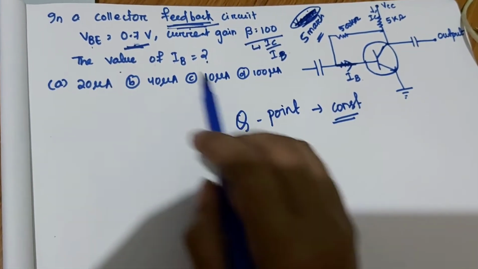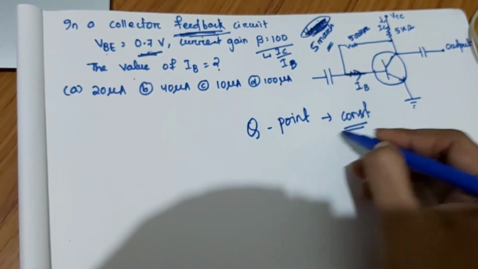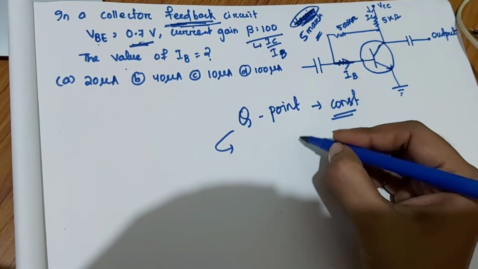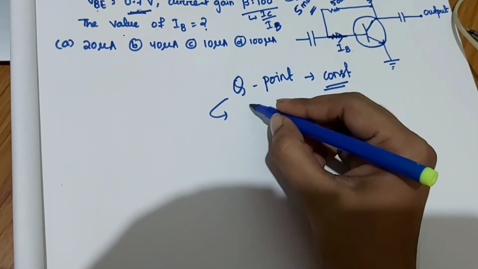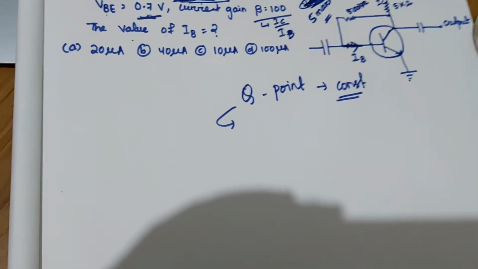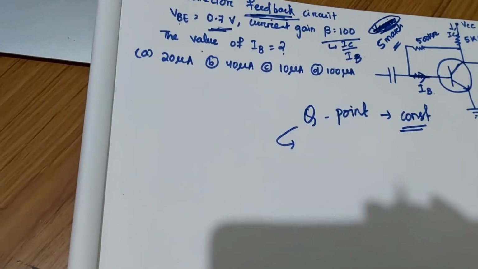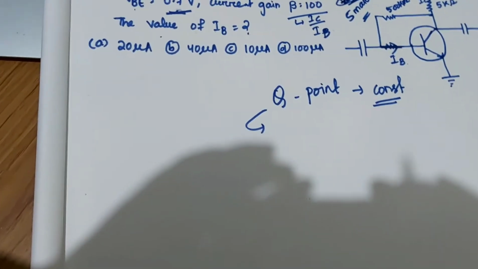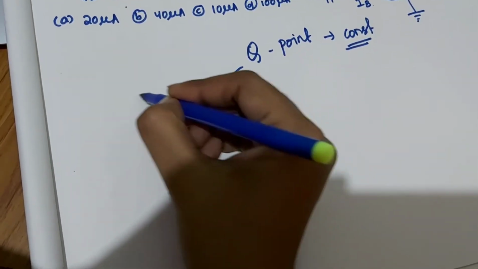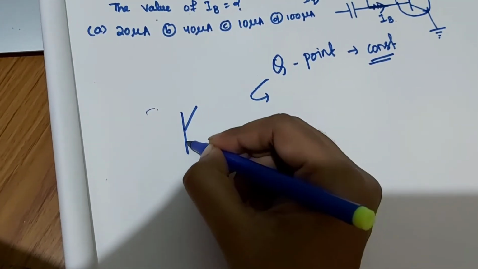For that we have to use this feedback resistor, so that our Q point can be constant. Now what is the Q point? As you can see, this is a common emitter transistor. The Q point is nothing but the operating point, or quiescent point. For the common emitter case I will draw it here.